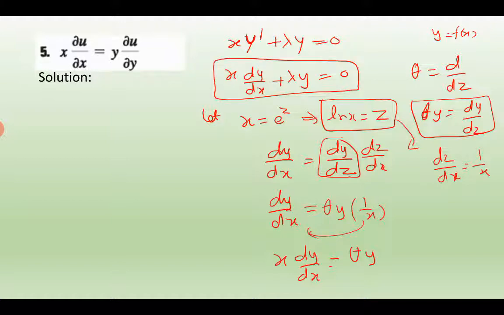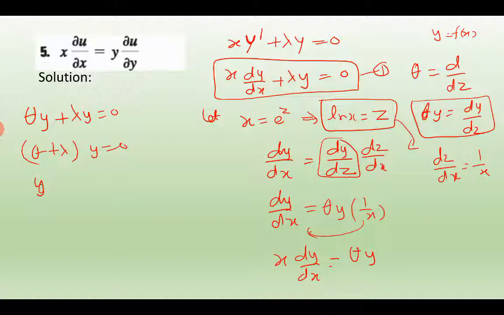So equation number 1 will turn into theta y plus lambda y is 0, theta plus lambda y. This is the first order differential equation with constant coefficients.